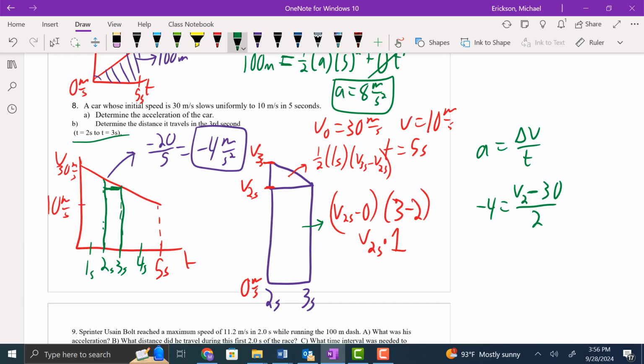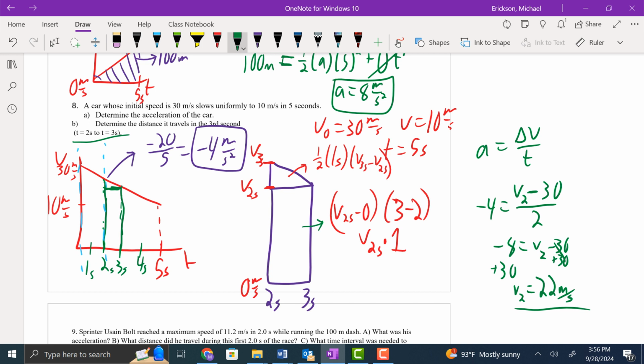And so I like this problem because it's showing you this time is not necessarily the full time. It's whatever you need it to be. So I'm using this slope formula, but I'm basically saying, hey, I'm only grabbing this part of the problem. And so if I plug all this in, I'll get -8 is equal to v2 minus 30. I add 30 to the other side, and I get that v2, my velocity at 2 seconds, is 22 meters per second.